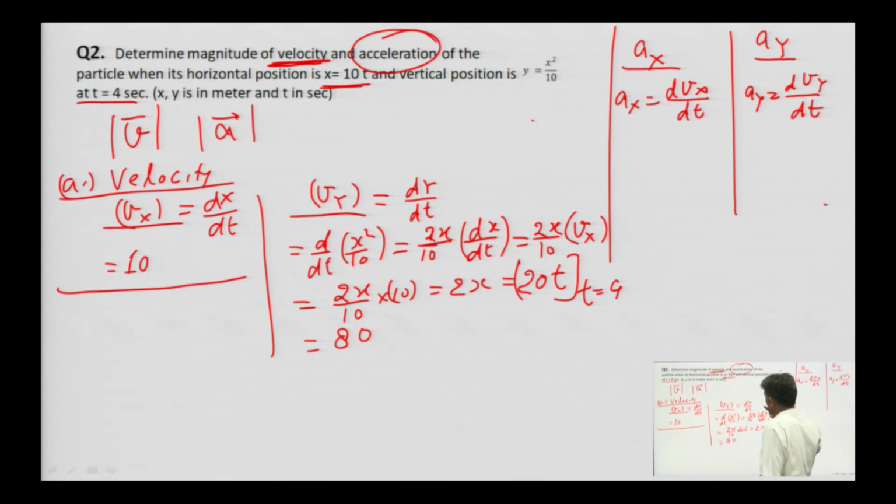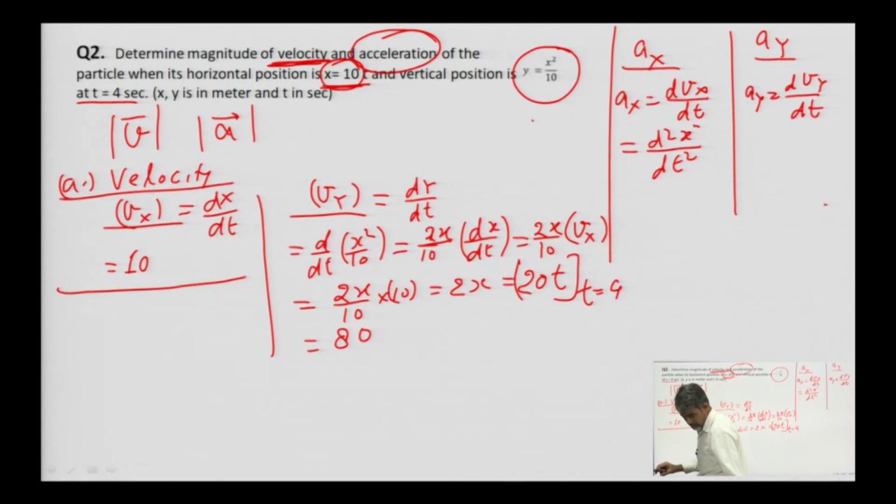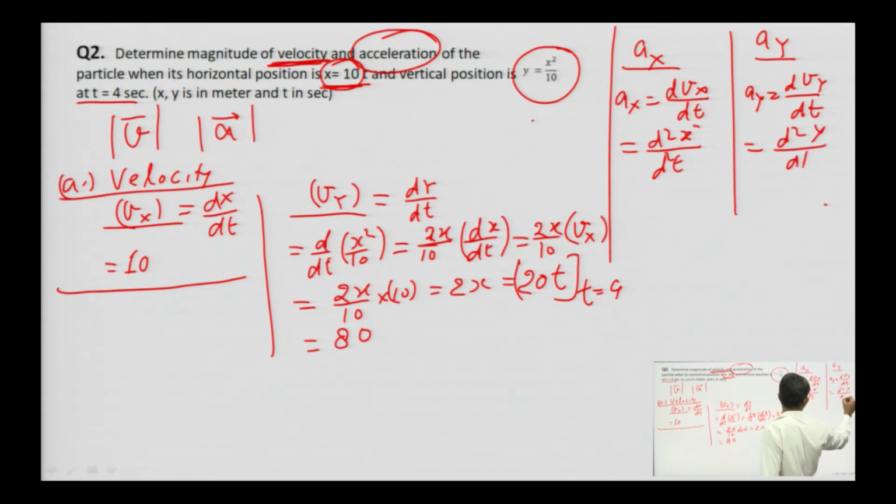So, it is d2x by dt square, the second order derivative of x, okay.